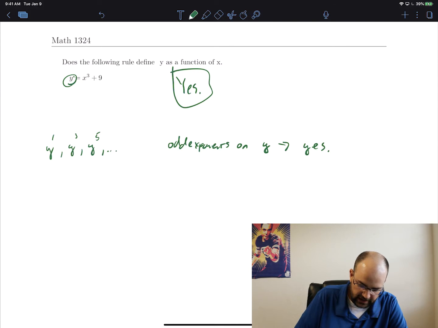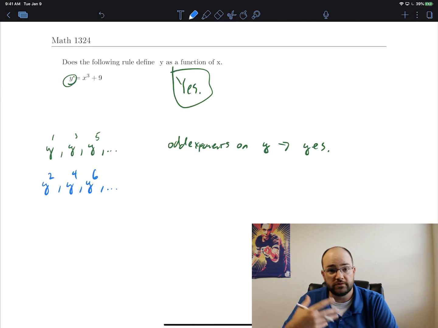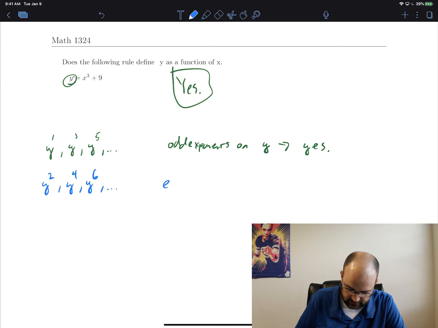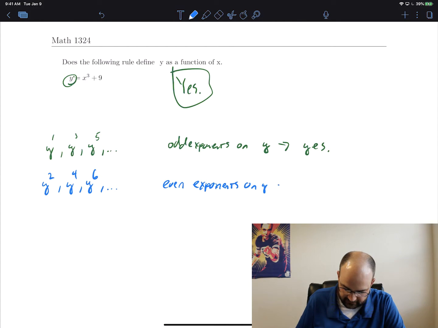If, however, we had y squared, y to the fourth power, y to the sixth power, and so on and so forth, in other words, even exponents on the y variable, that tells me no.